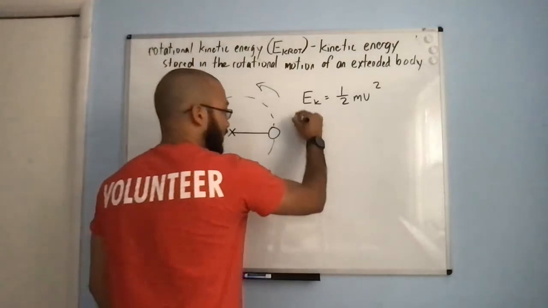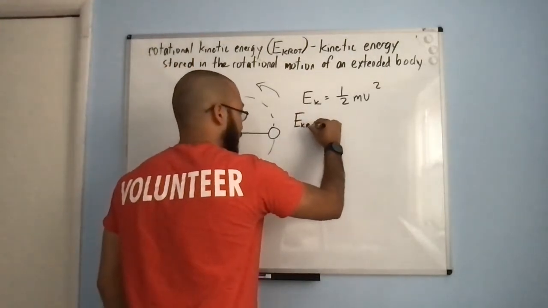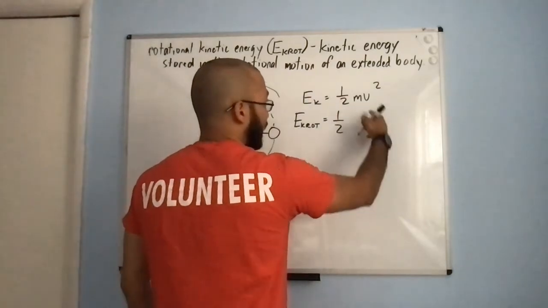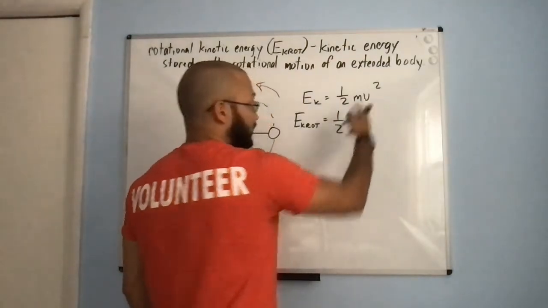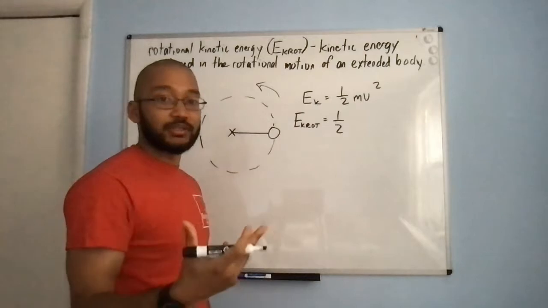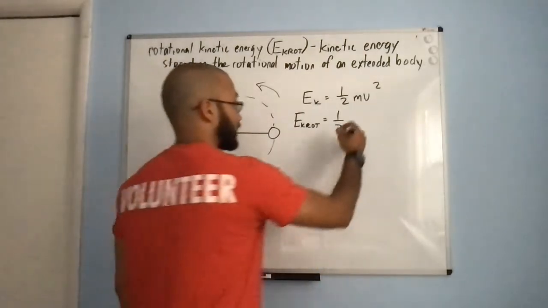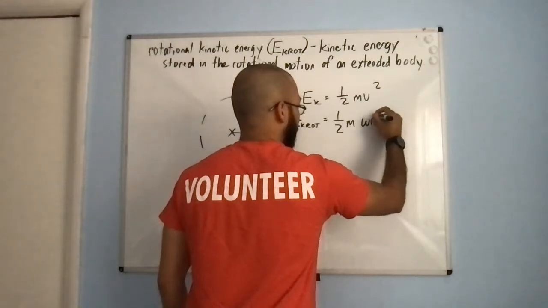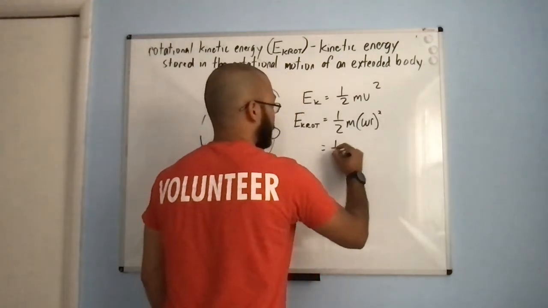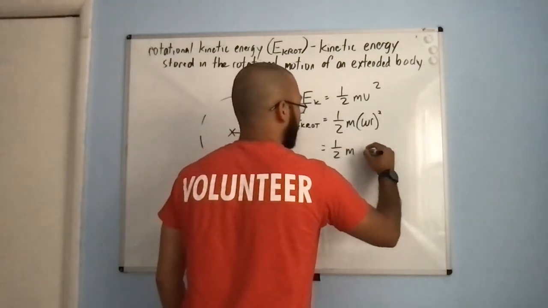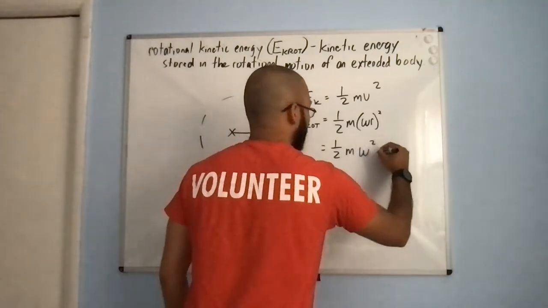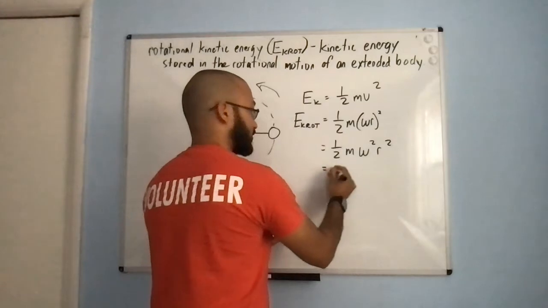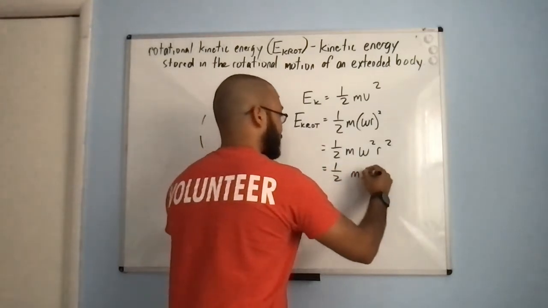So, trying to put this in terms of rotational variables, I can rewrite the linear speed in terms of angular velocity, v equals omega r. That's going to be 1/2 m omega squared r squared. And I don't know if you see it.